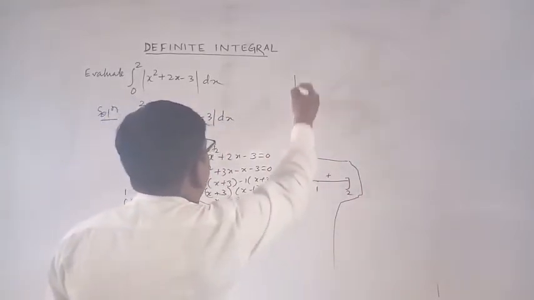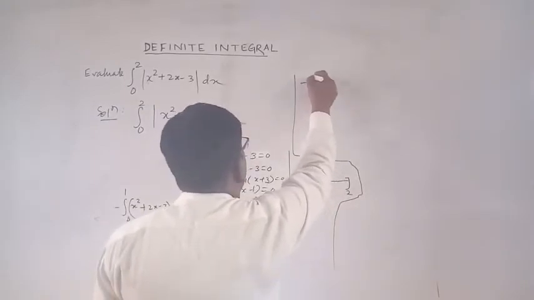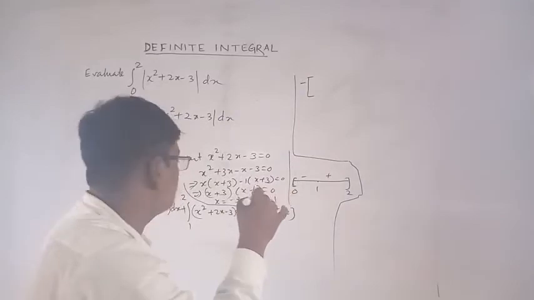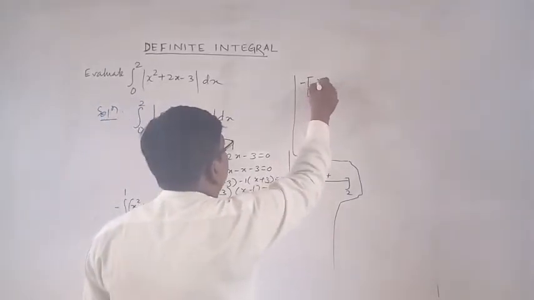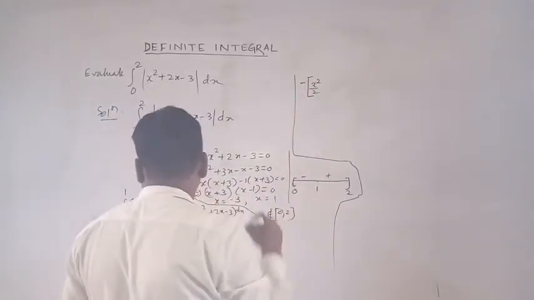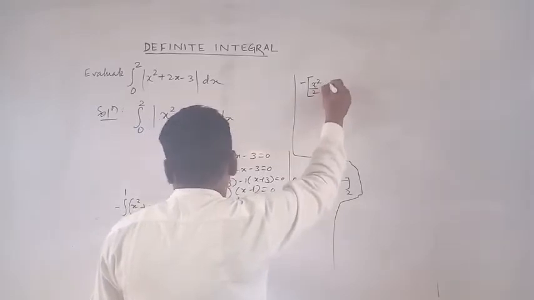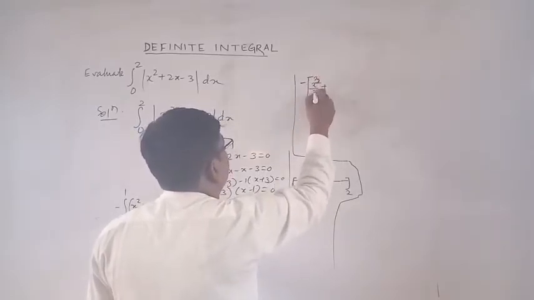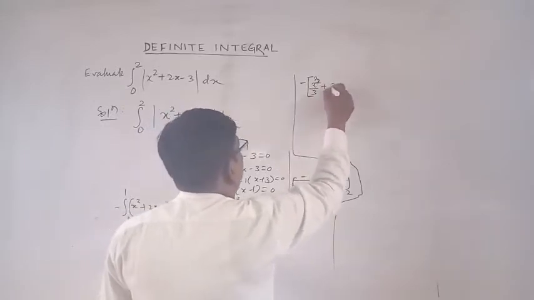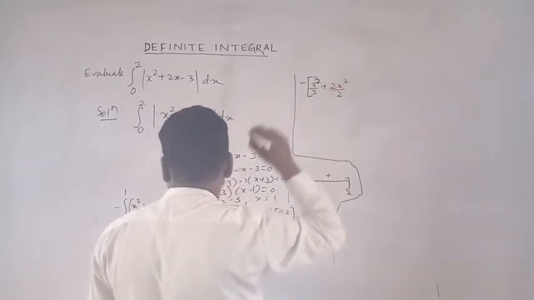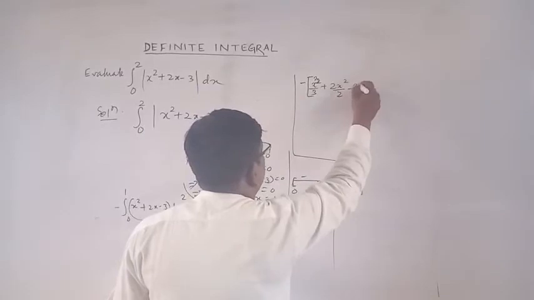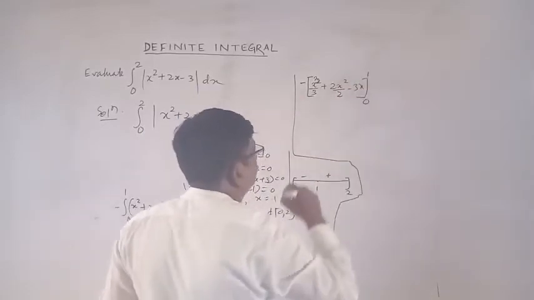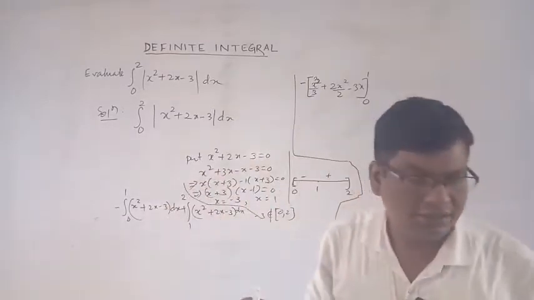Minus of x cube by 3 plus 2x square by 2 minus 3x, with limits 0 to 1, clear?